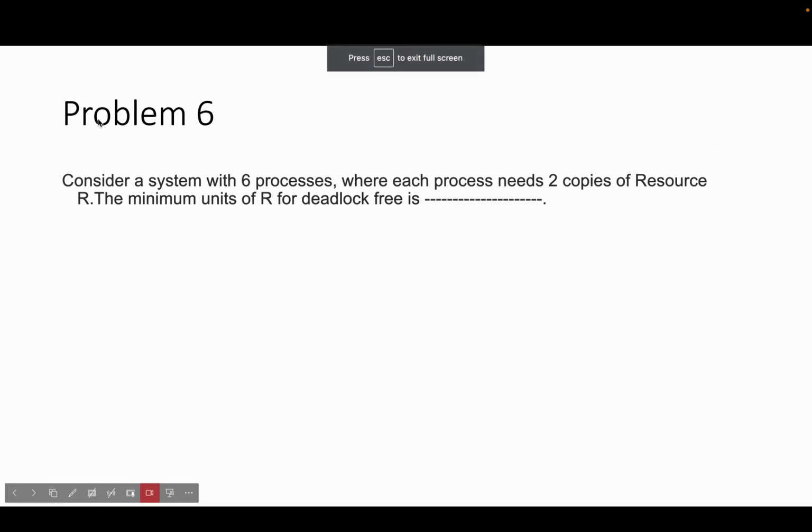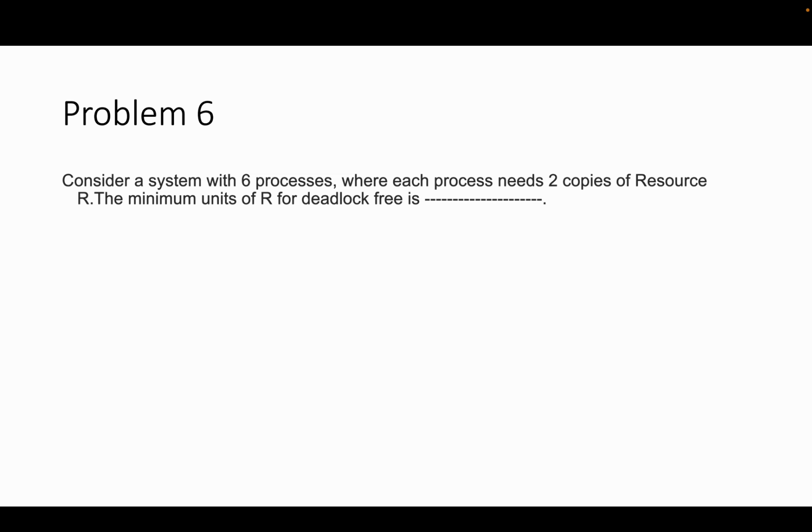Now, moving on, we have a similar problem here: consider a system with 6 processes where each process needs 2 copies of resource R. The minimum units of R for deadlock free is? As I've already explained, if there are 6 units of resource R, then there is a possibility of deadlock.